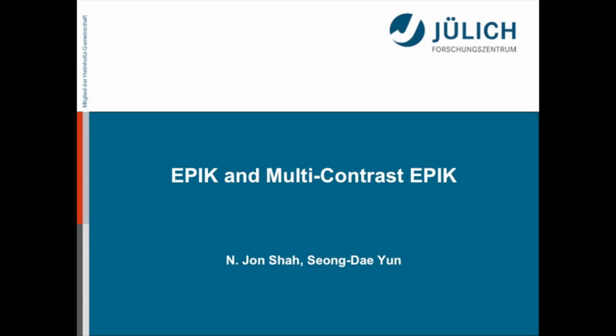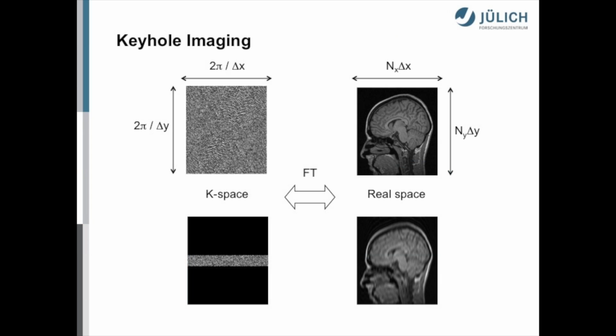We've since resurrected it because we think it's going to be very, very useful at 9.4 Tesla. What is it? It's echoplanar imaging with keyhole. And having said the word keyhole and explained it to you once, I'm not going to use it again because it's fallen into disrepute in the MR world. And actually, I don't use it as a keyhole.